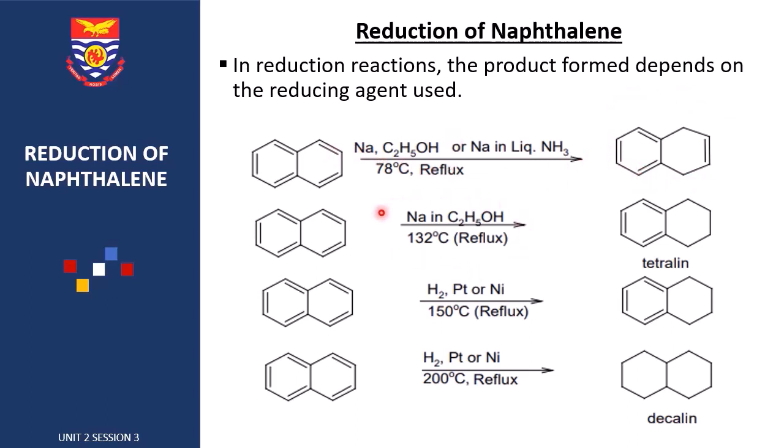With the same reflux at 132 degrees Celsius, you end up reducing 2 of the alkene functional groups. Refluxing at 150 degrees Celsius with hydrogen gas and platinum or nickel leads to the formation of this structure. And finally, decalin can be formed with hydrogen gas and platinum or nickel at 200 degrees Celsius reflux.